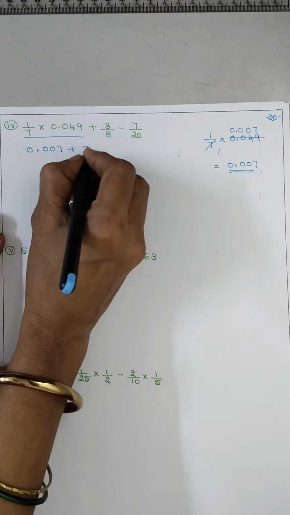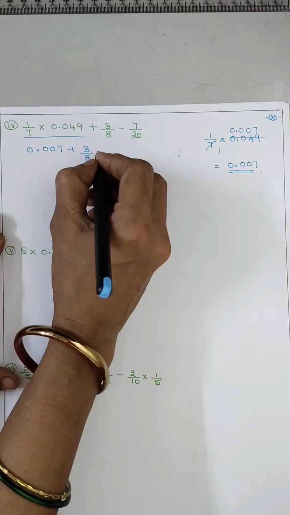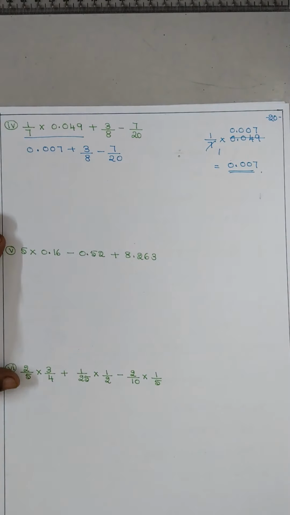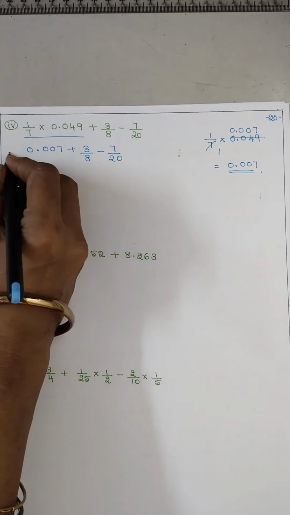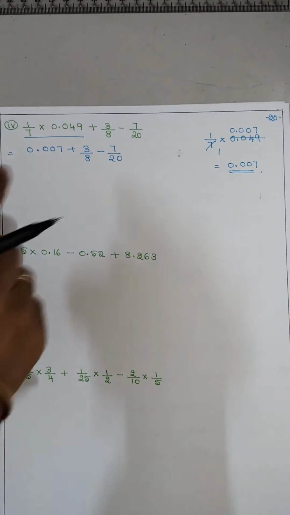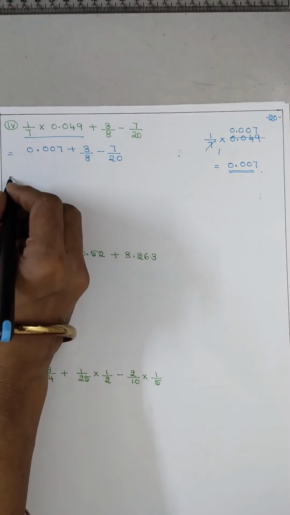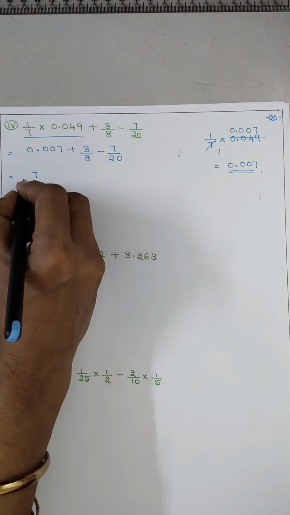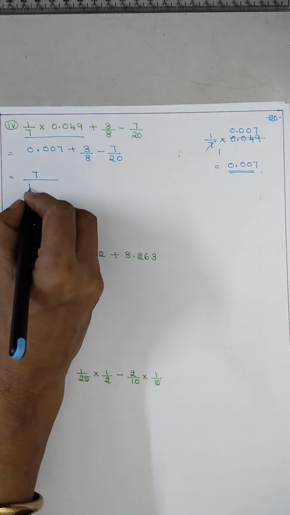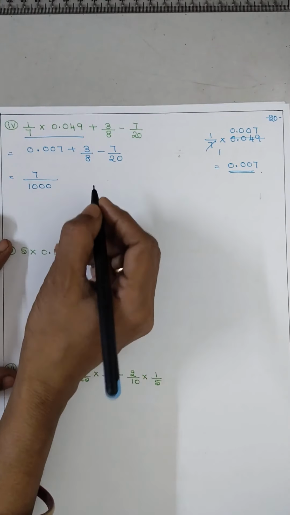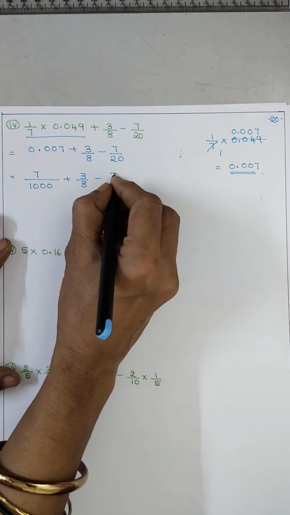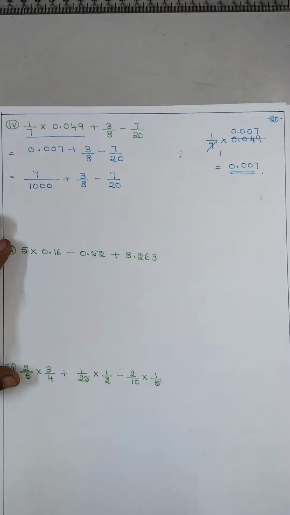So you got 0.007 plus 3 by 8 minus 7 by 20. Okay. Now these are fractions. This is in the decimal. So this also convert into the fractional form. 7 by 3 decimal है तो divide by 1000 plus 3 by 8 minus 7 by 20.